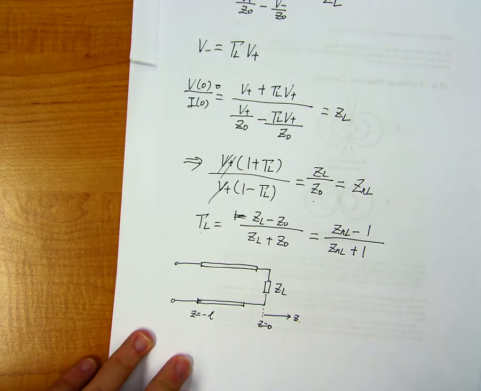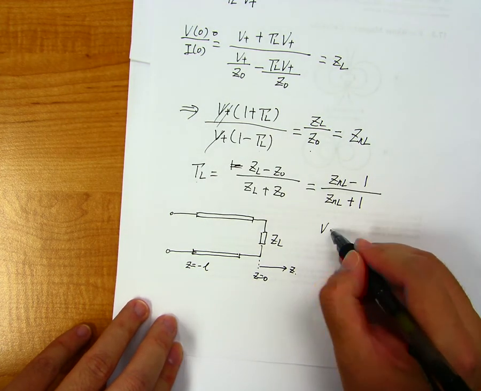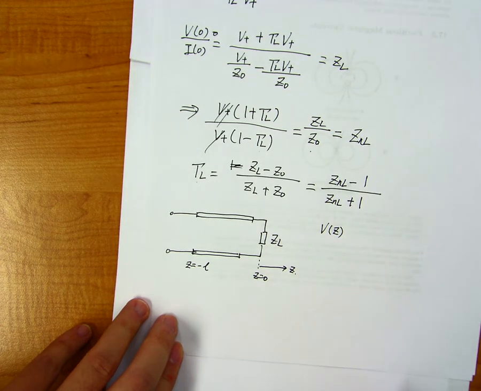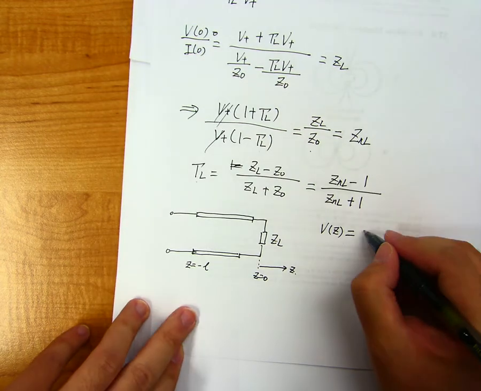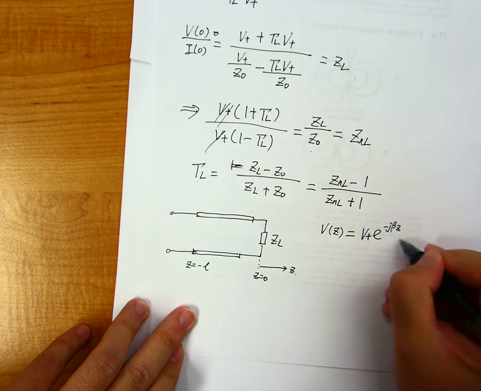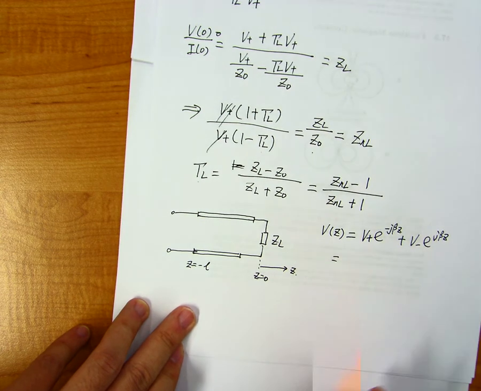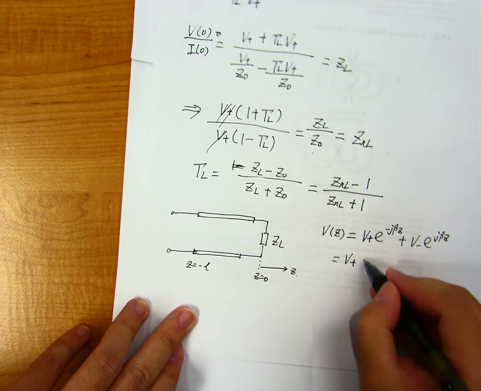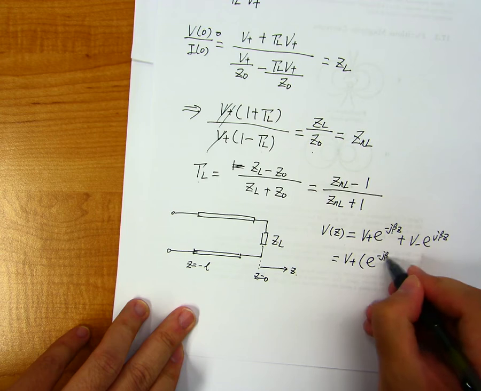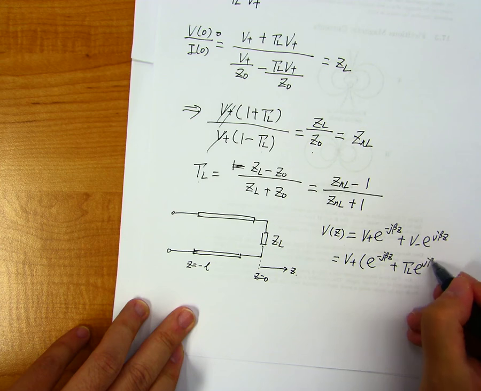Okay? So on this transmission line, we know that V of z, the voltage, which is a function of the z coordinate, is equal to V plus times e to the negative j beta z plus V minus e to the j beta z. And now we know the relation between V plus and V minus, right? So this is V plus times e to the negative j beta z plus gamma L e to the j beta z.